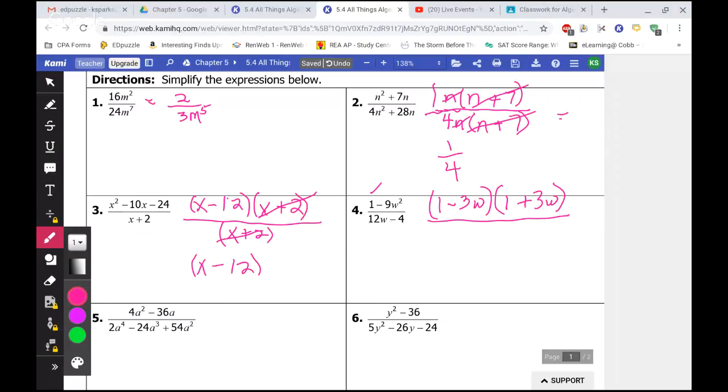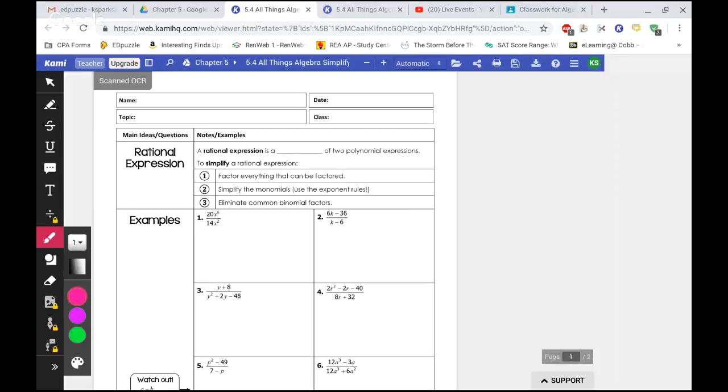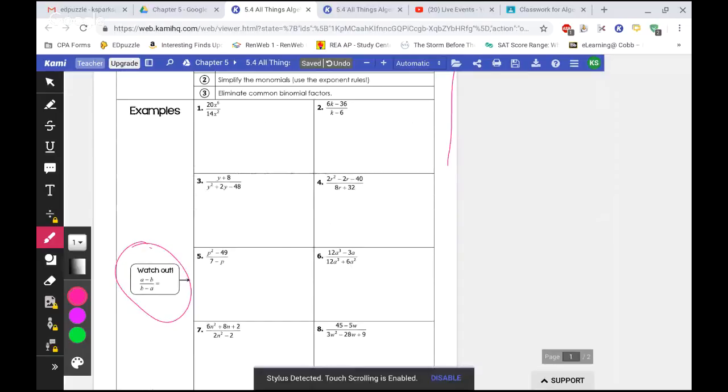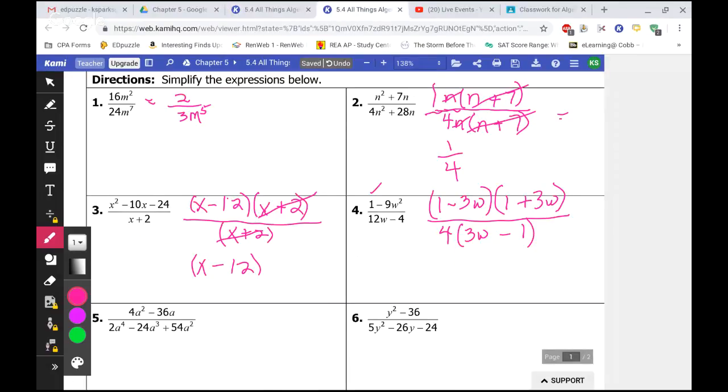And now on this bottom, you can factor out a 4, and that's going to give you 3w minus 1. Just like on that worksheet yesterday that we had in class, I want to remind you right here that A minus B over B minus A equals a -1. So that is this scenario right here: 3w minus 1, 1 minus 3w.